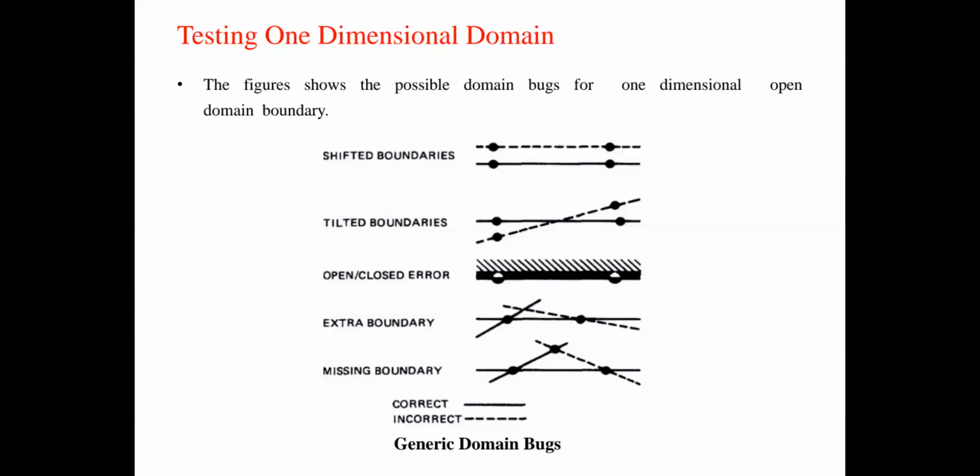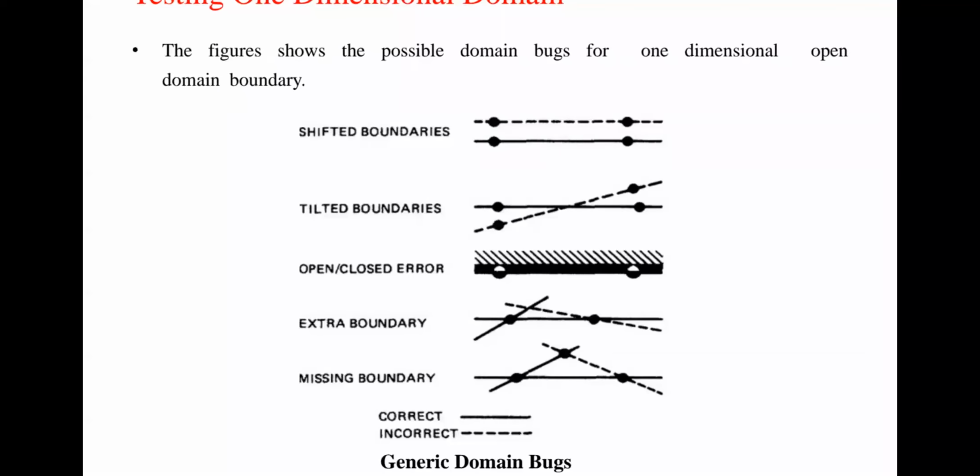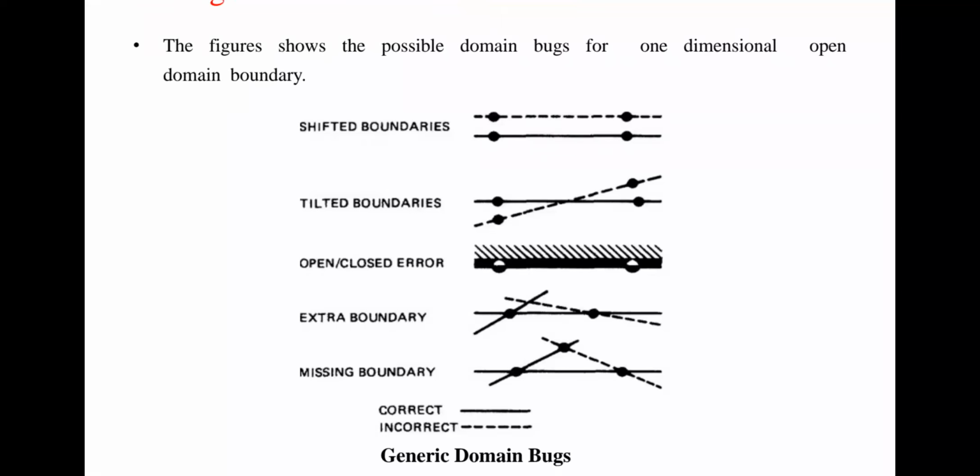The general bugs are: shifted boundary, tilted boundaries, open-closed errors, extra boundary, and missing boundary. So these are the five bugs that will arise on a one-dimensional domain.